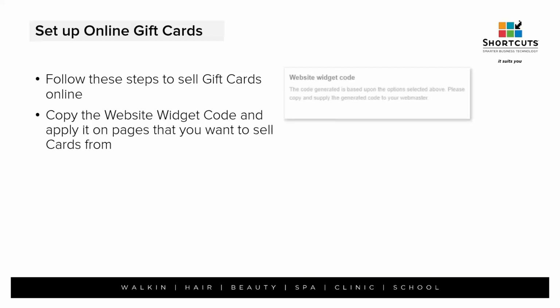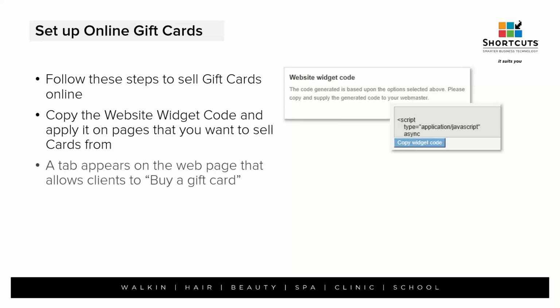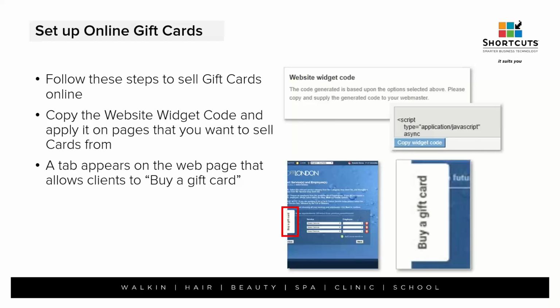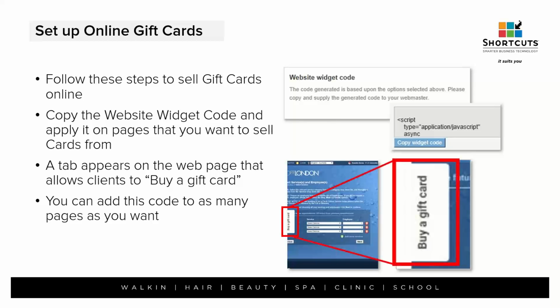So at the bottom of the screen, Shortcuts is actually going to give you two things. A website widget code, which you can copy, and then you can put this on your company webpage. It actually appears as a little tab that says Buy a Gift Card. So there's actually two codes. There's a code that goes on the online booking page, and that's there by default.